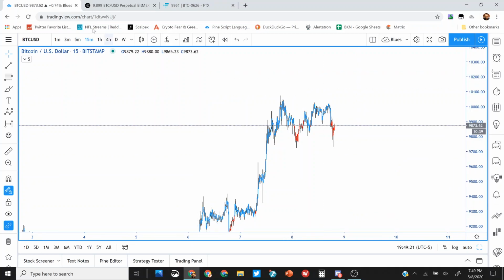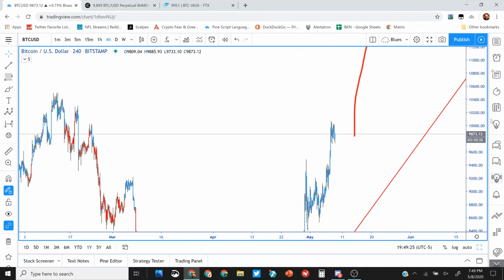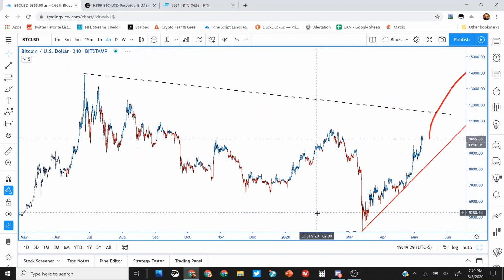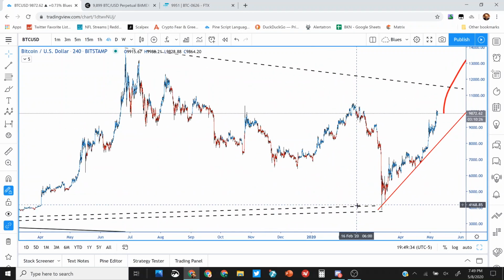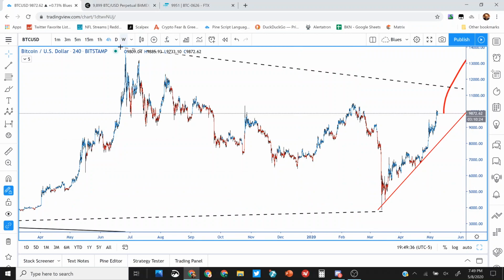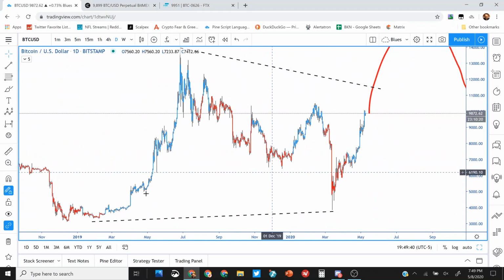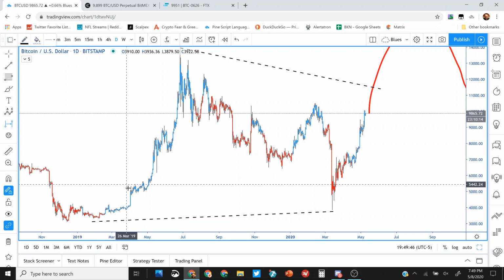So really the only question I feel like I didn't answer very well was the time piece. That one's pretty hard to say. If this is an impulse, let's go to a daily. If this is an impulse of the same degree of this one, we could expect time to be similar to it.